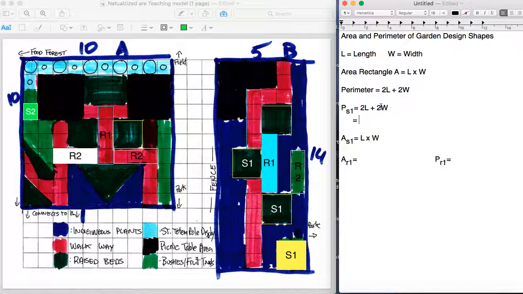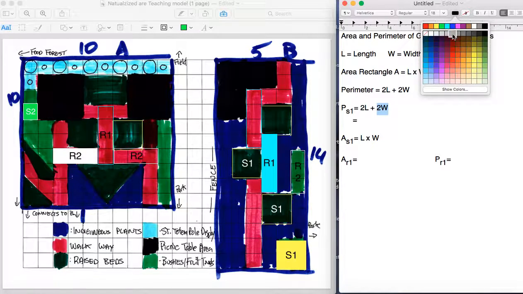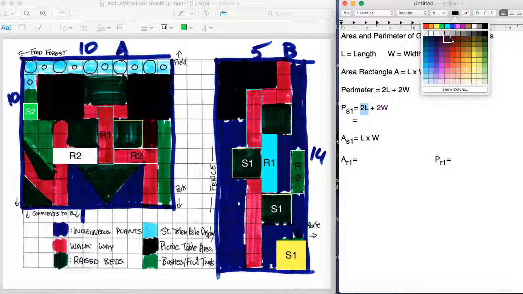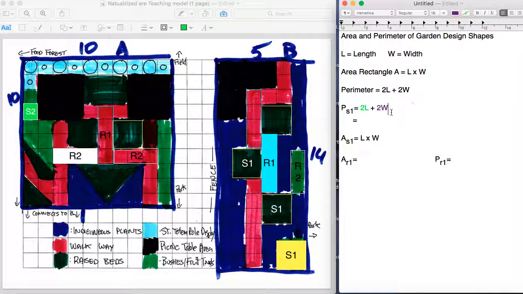Now we had talked about these being terms. So anytime you have a number attached to a letter, this is called a term. And these terms are neat because one of the big tricks I gave everyone in class yesterday was when you have a term, when you fill in the numbers now, put it in brackets.